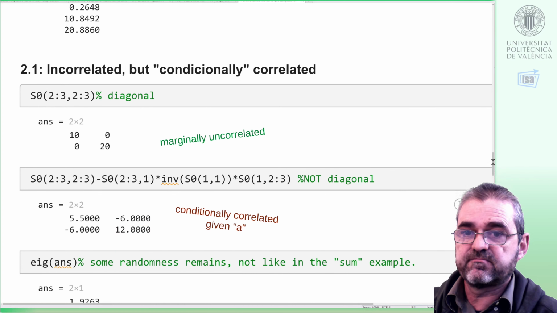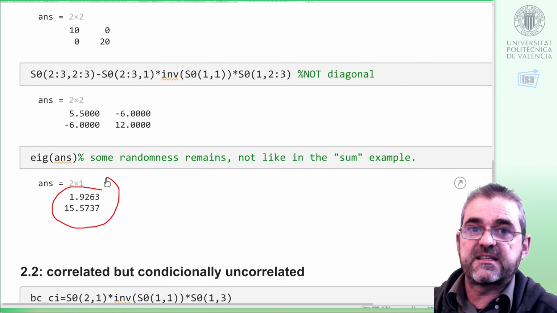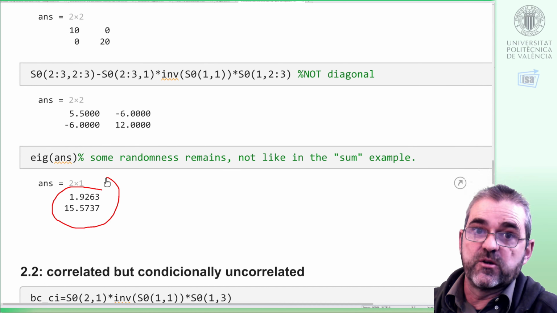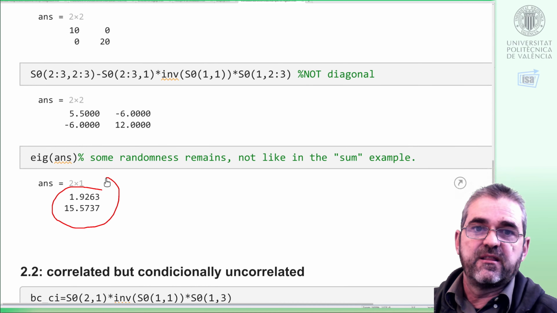But in this case, if I compute the eigenvalues, the correlation is not that intense, in the sense that there are still two sources of randomness. So we have not reached the total determinism that we had underlying in the sum example.